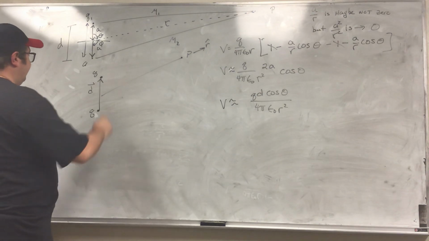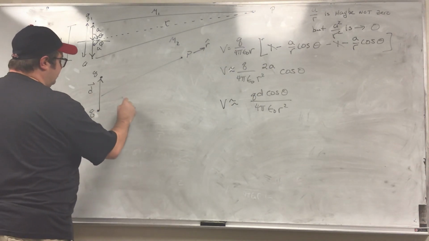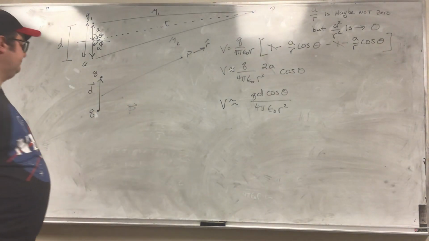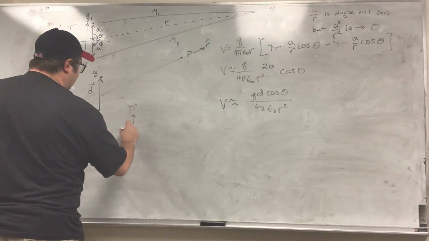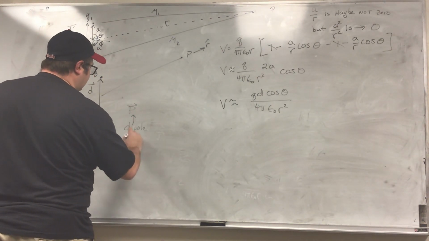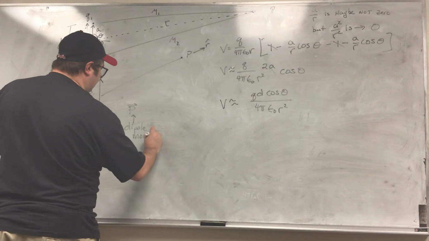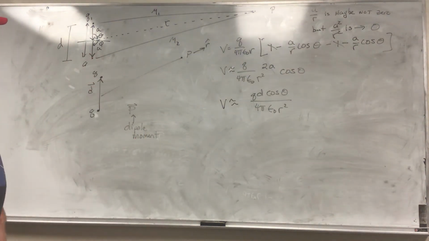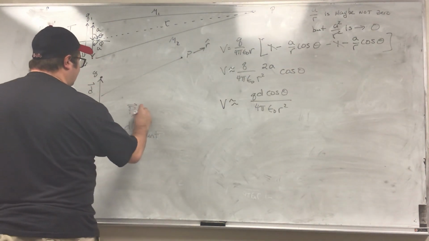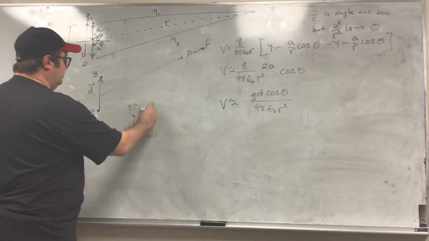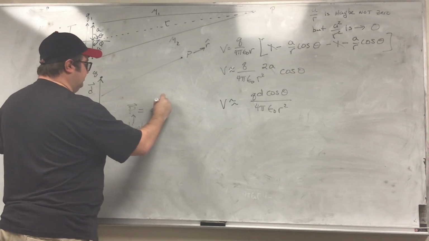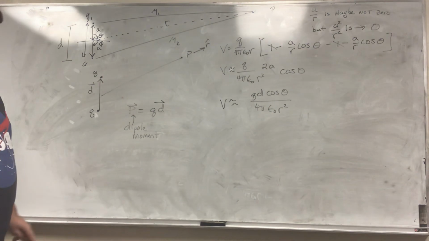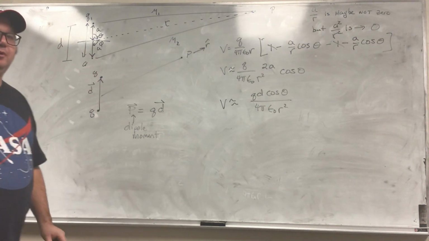I can define a vector, we'll call it little p, the dipole moment. Right? The little p is the dipole moment, and it's equal to q d, where d is the direction of the dipole moment.